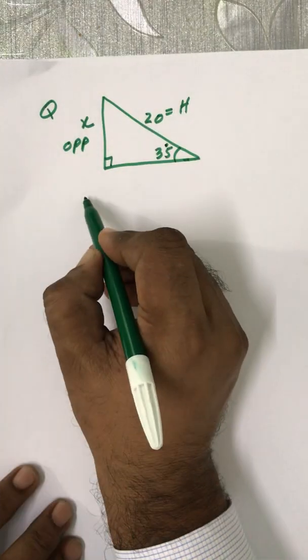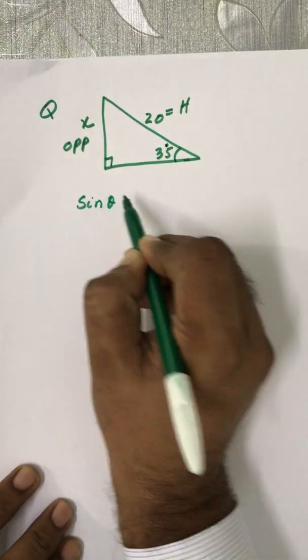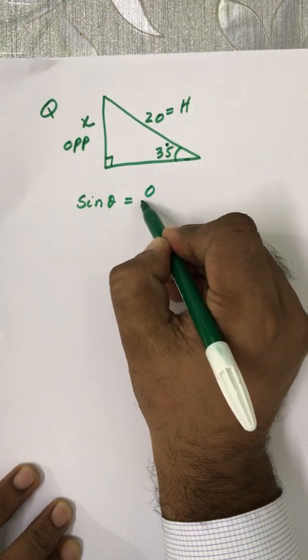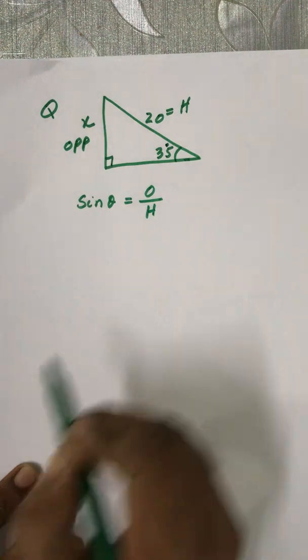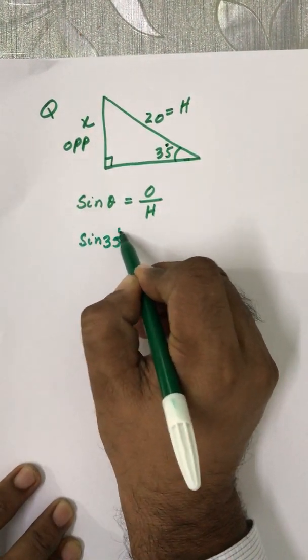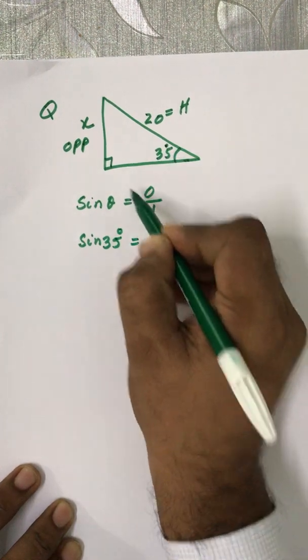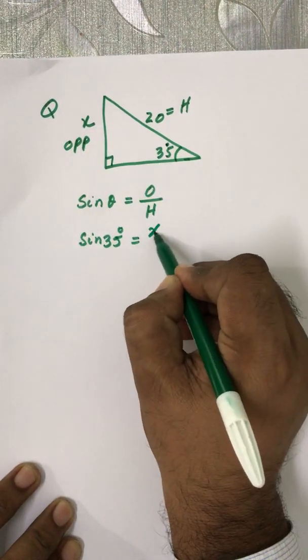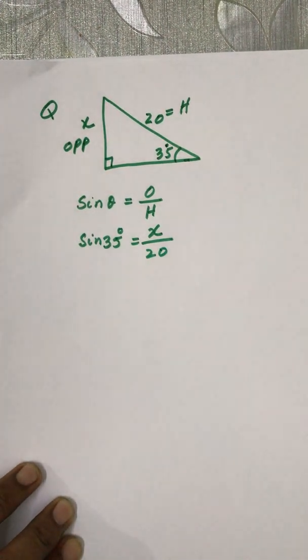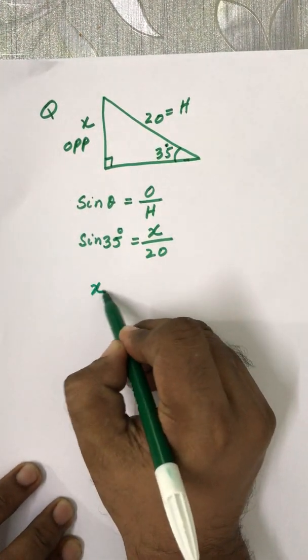Then I will write sine theta is equal to opposite over hypotenuse. Then sine of 35 degrees, because theta is 35. Opposite I have to find out, that is x, and h is 20, so I will write 20 here. Then I have to find x.